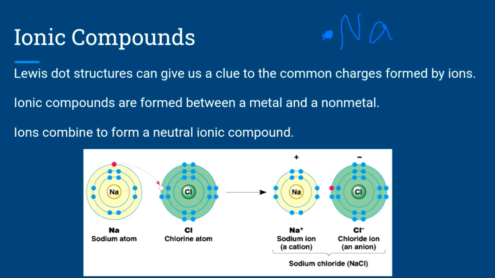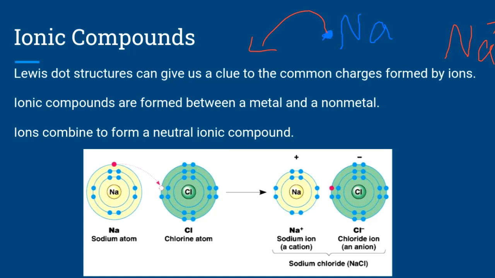If we want to guess what charge is formed by sodium, we can look at the Lewis dot structure and realize that if we just take away that one electron from sodium, we'll have a full subshell. And that's exactly what happens. Sodium is going to remove this electron, and it's going to become sodium plus. This works for pretty much any of the metals and the nonmetals.